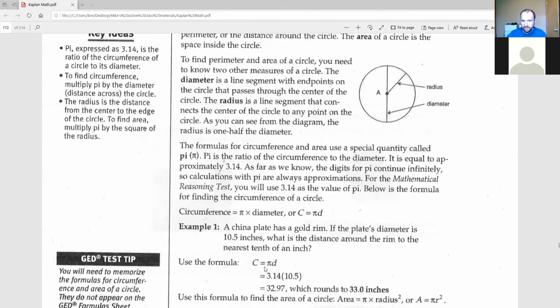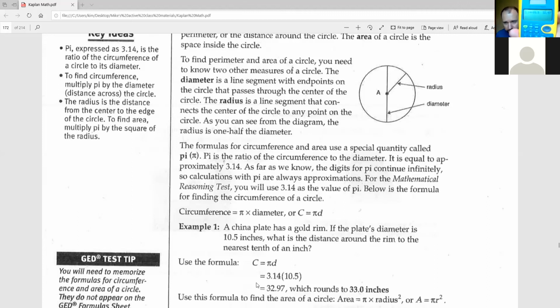Pi is represented by the silly symbol there, if you are familiar with that. So all we have to do to figure out circumference is use 3.14 and do 3.14 times the diameter, which is 10.5 inches, and it gives us whatever that is.